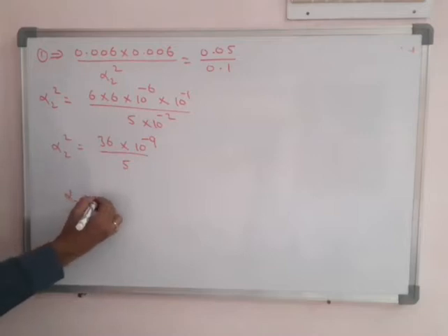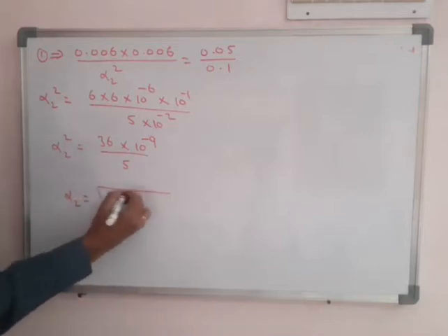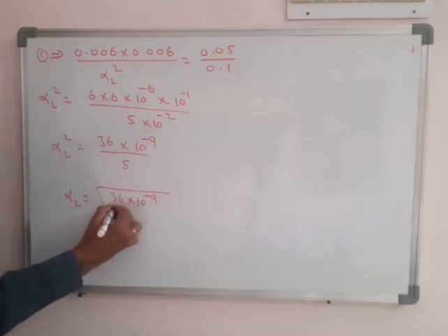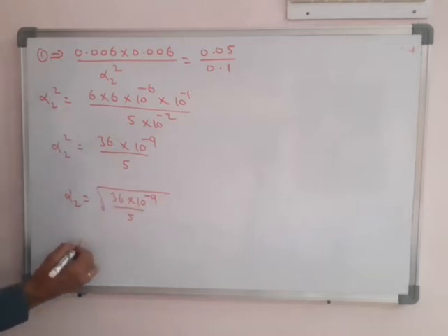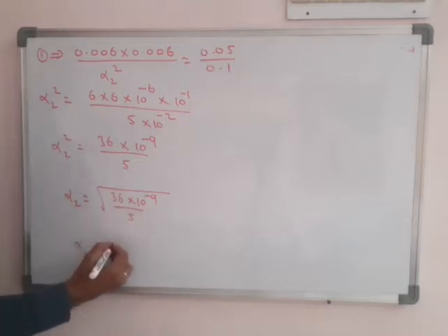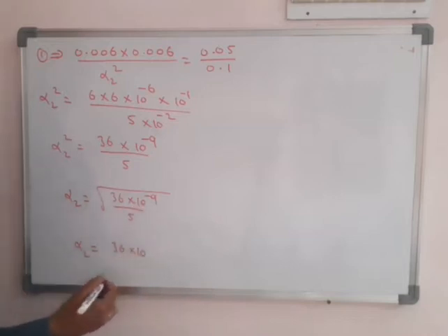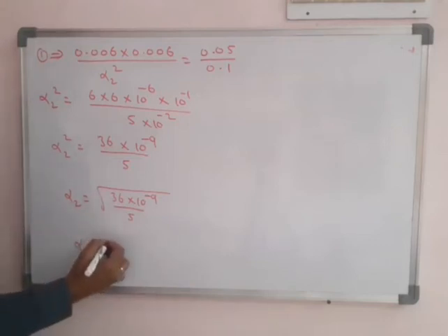So therefore alpha 2 is equal to root of 36 into 10 to the power of minus 9 by 5.